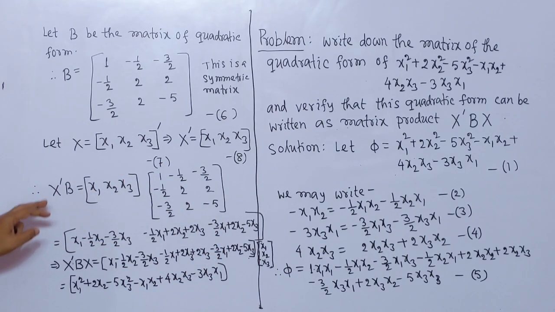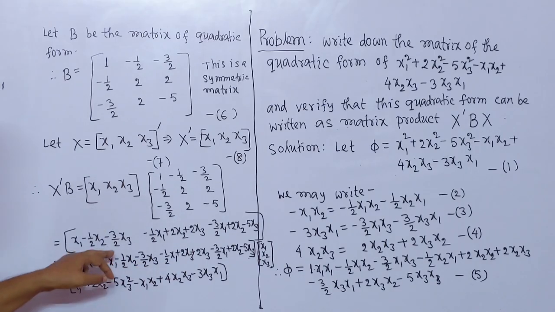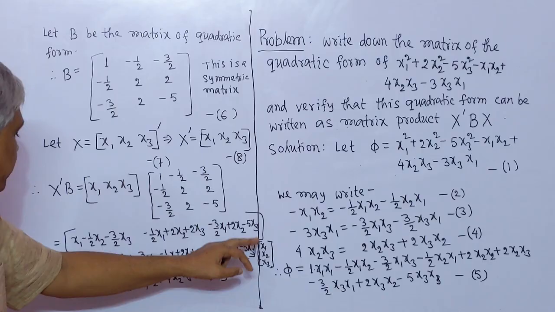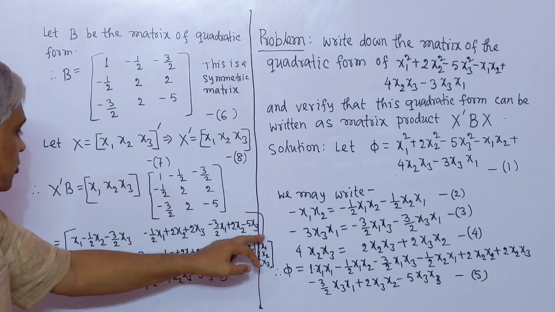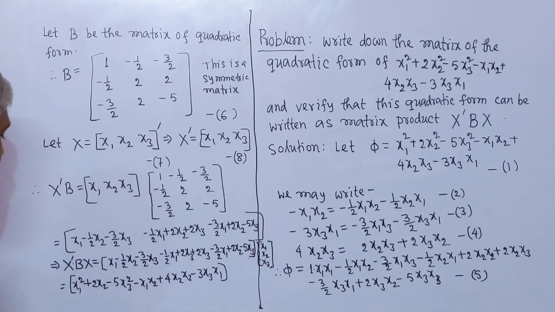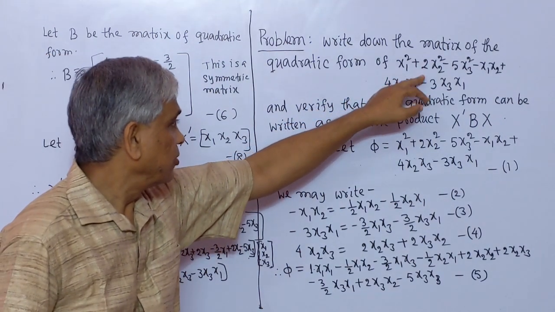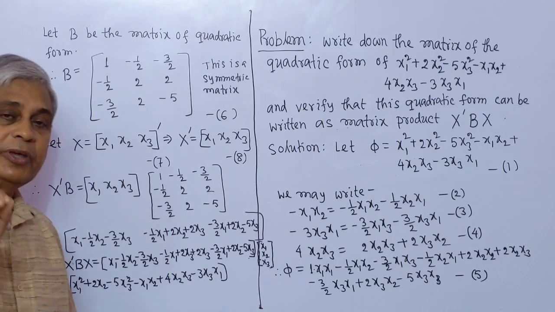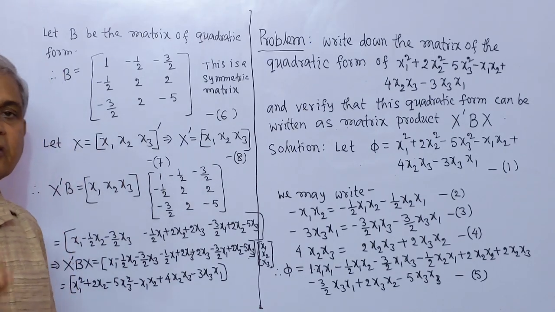Now we multiply X transpose B multiply X, and we write this value first and then the column matrix x1, x2, x3, and we will get the same as this quadratic form. So our problem is solved.